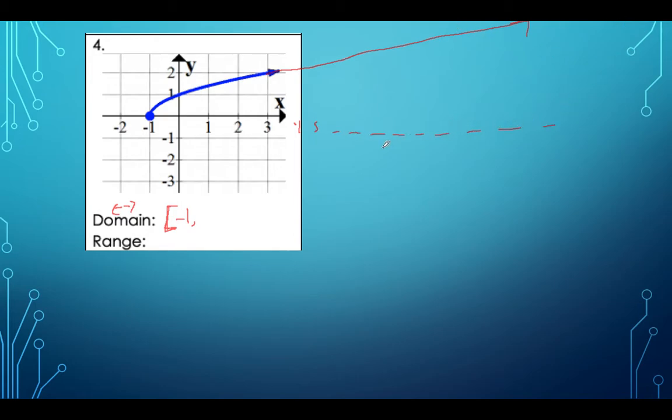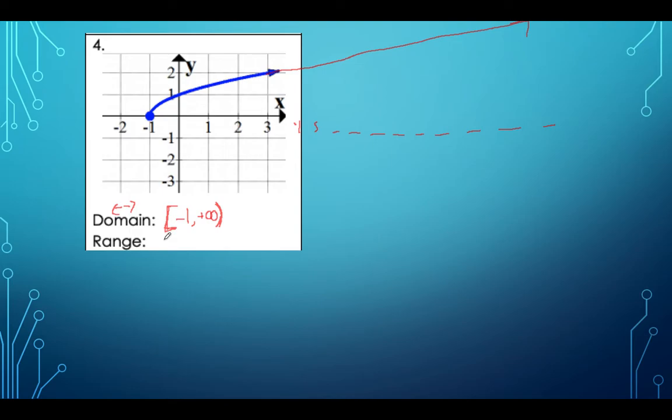So the largest x can be, this is going in the positive direction, would be positive infinity. Now again, using what we learned in the last slide, you can't equal positive infinity. So you're going to throw a curved parenthesis there. So that would be the domain. It's from negative 1 to positive infinity. So it's going to go from negative 1 and it's going to keep going and going and going.